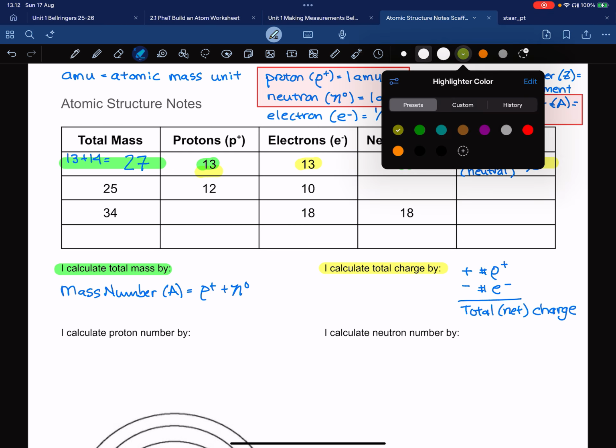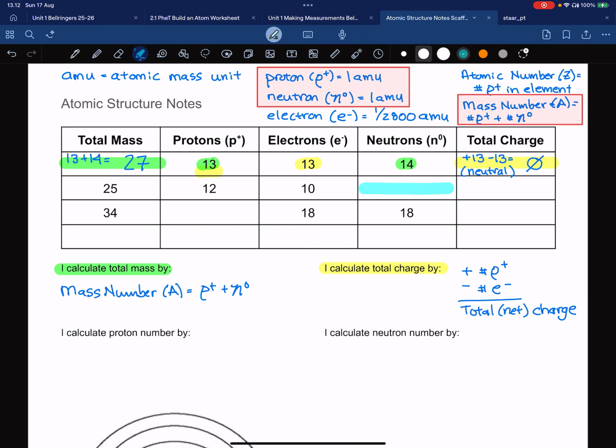All right, moving on to the next one. In order to calculate the neutrons, remember that protons plus neutrons is equal to mass number, right? So neutrons is going to be equal to the mass number, or total mass, minus the number of protons, or atomic number.